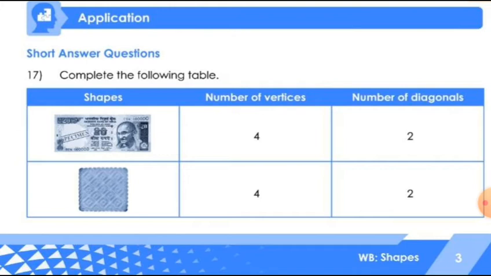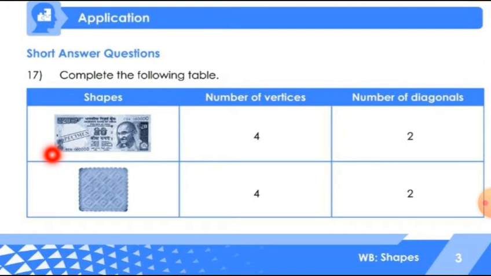Another question from our workbook. Look, complete the following table. Here an object is given. From the object you write the number of vertices and number of diagonals. This is a knot and this knot is in the shape of a rectangle.